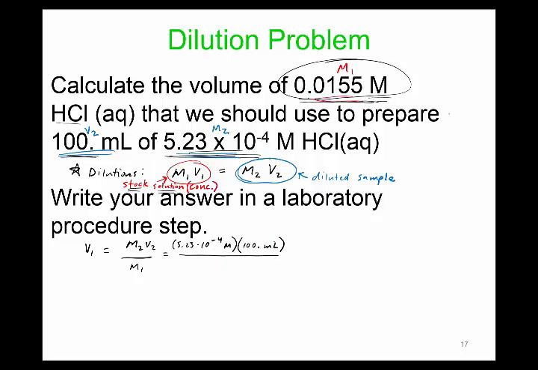I could convert, but I know I'm going to get this really tiny number, so I'm just going to leave it in milliliters. M1 is 0.0155 capital M. So that M cancels, so my answer will be in ml. And I should have three sig figs, 3.37 milliliters.